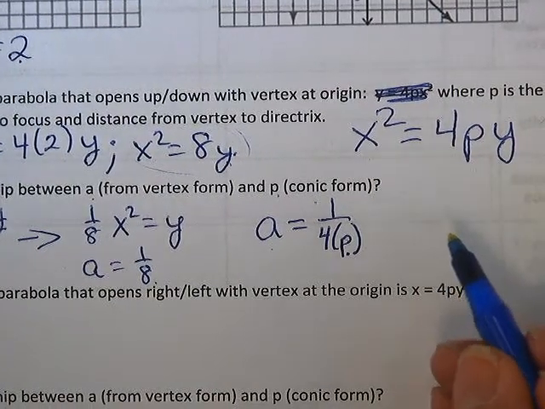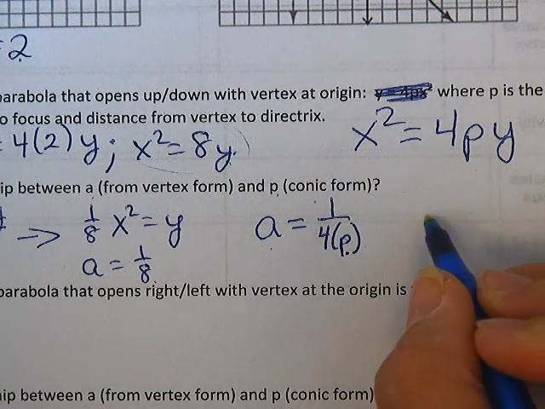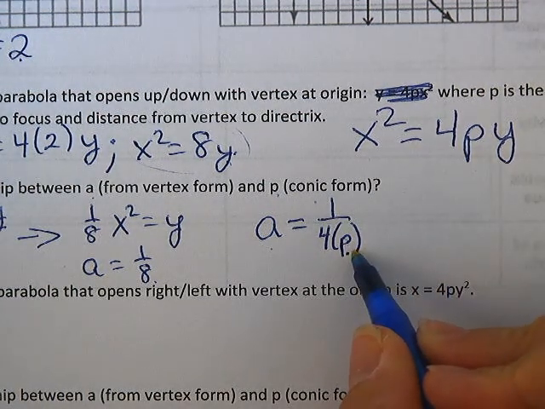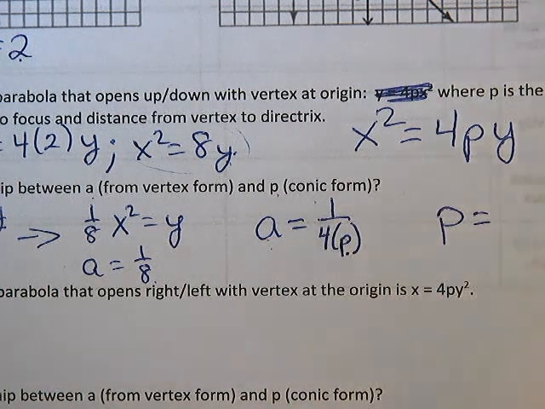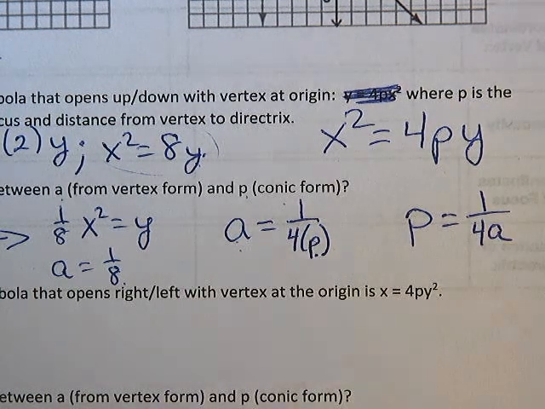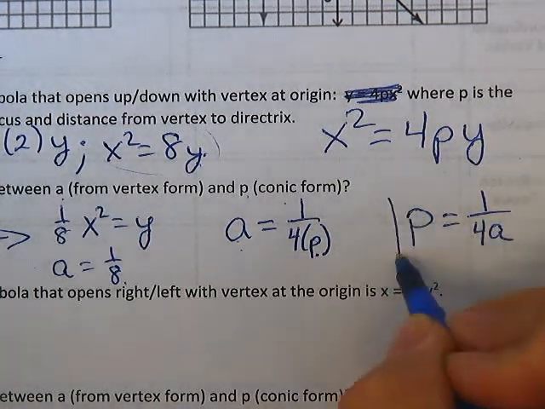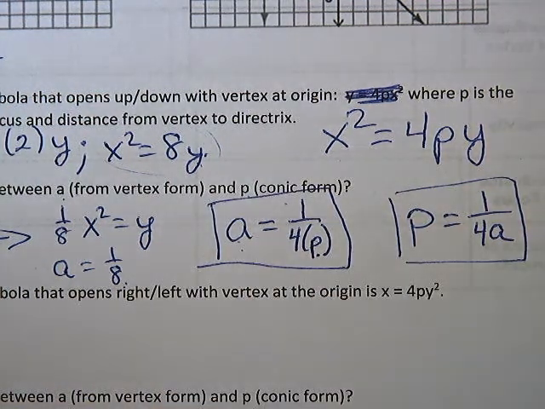Likewise, sometimes we might know the a value and need to figure out p. To do this, we multiply both sides by p and then divide both sides by a. The result is p is equal to 1 over 4a. So both these equations are handy to have and to keep in mind.